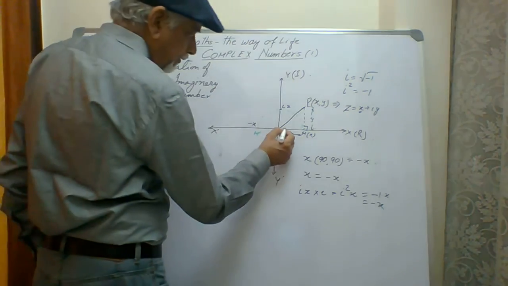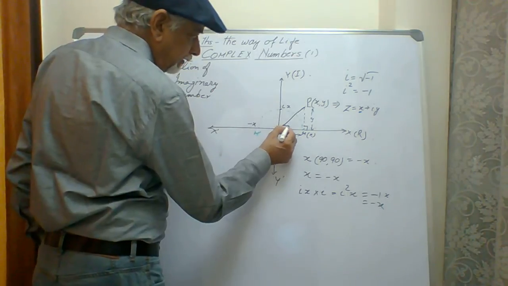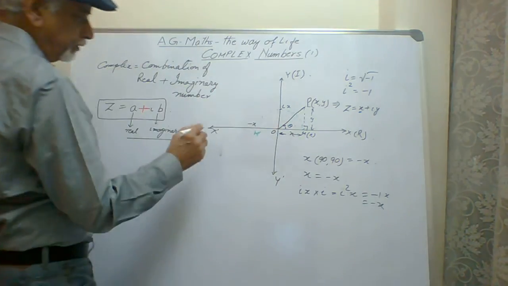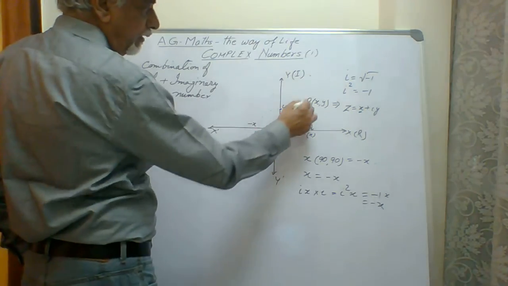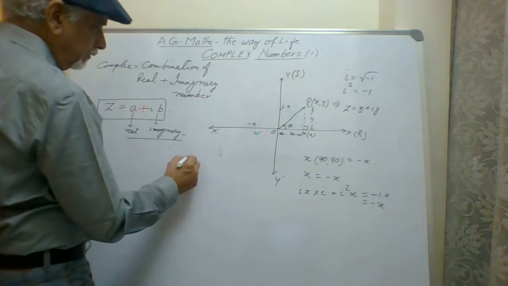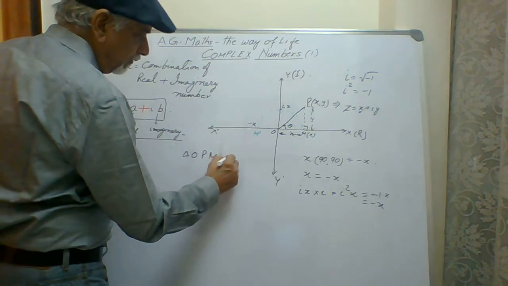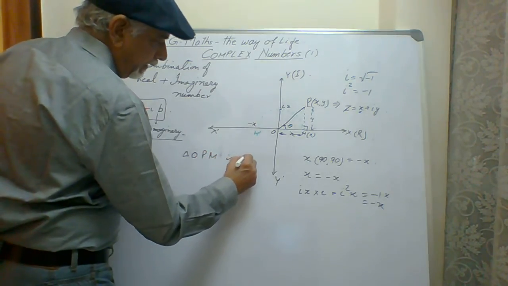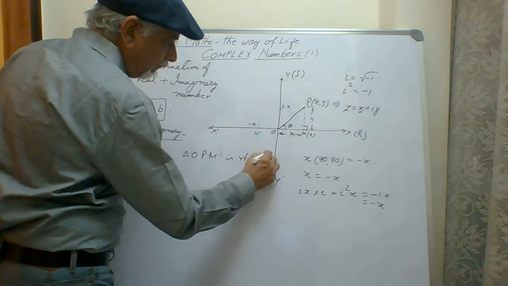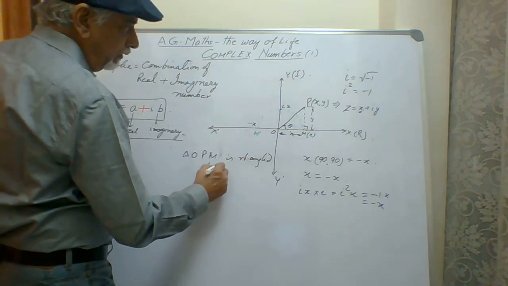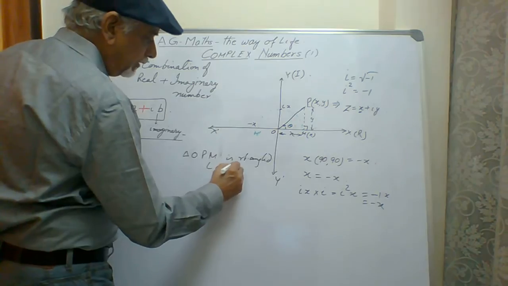Here again, if I call this angle theta, then what is the geometrical interpretation of this? It is again a right angle triangle. Triangle OPM is right angled, and angle OMP is 90 degrees.